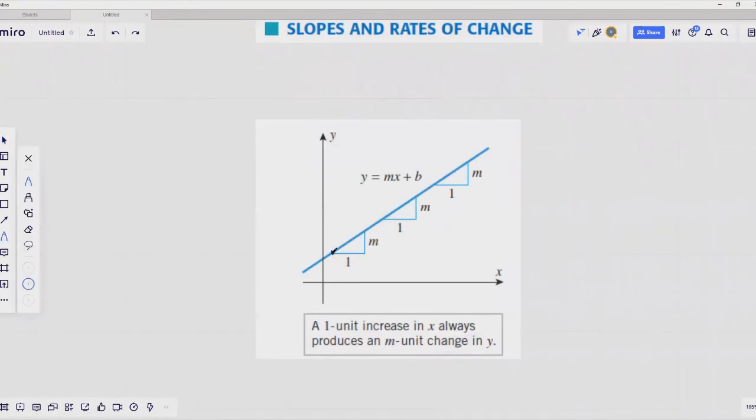So if we move to the right from our current point by 1 unit in the direction of the x-axis, it results in an m unit increase in y. Similarly, if we decrease the value of x by 1 unit, then the value of y decreases by m.